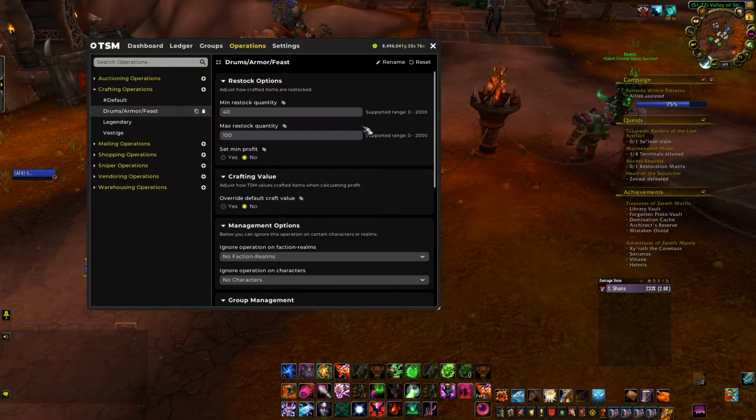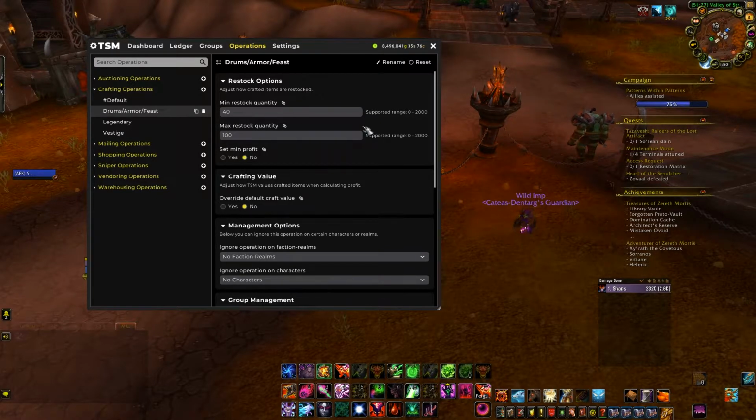So the minimum restock quantity. TSM is asking, okay, when you're going to make these items, when should I start making them? When should I say, okay, we're going to restock you? So if I only need 30 to get up to 100, it's not going to be part of the operation.